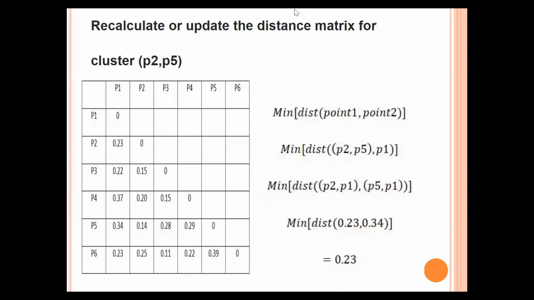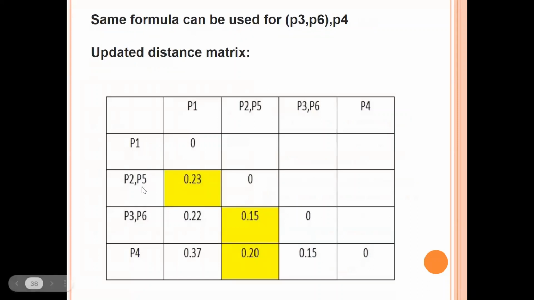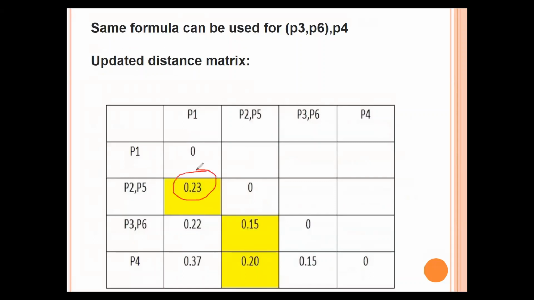Similarly, we have to check this P2, P5 pair with P3, P6 and with P4 also. Let's move and see. We have got this updated distance matrix where P2, P5 to P1 is 0.23, and for P3, P6 the updated value is 0.22, which we calculated earlier.